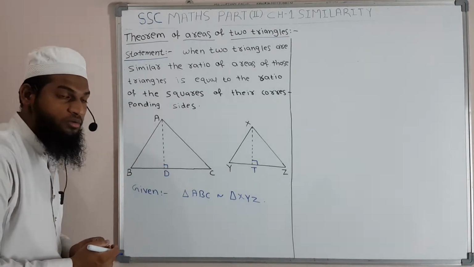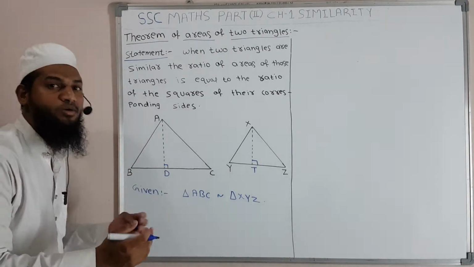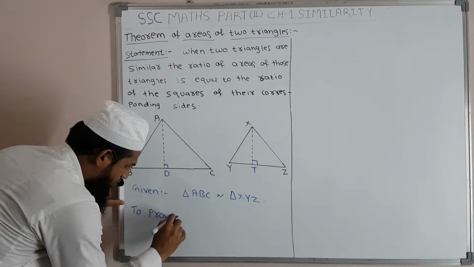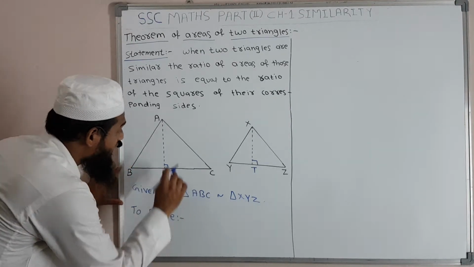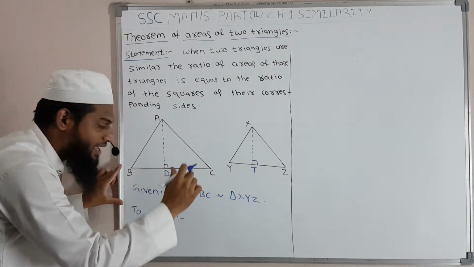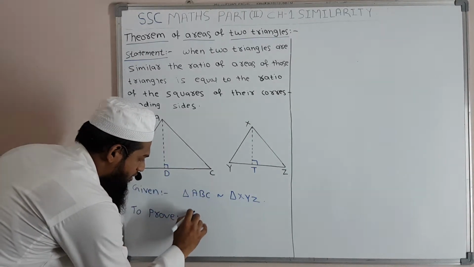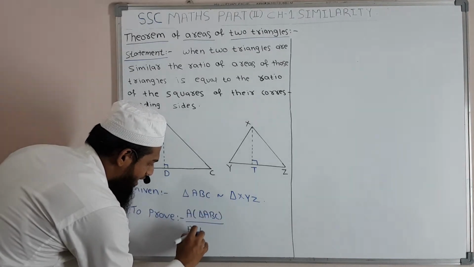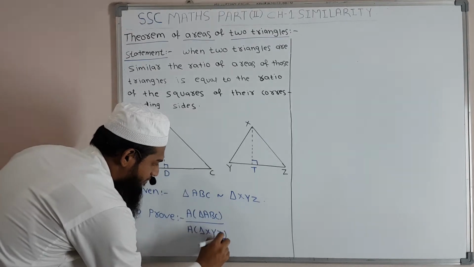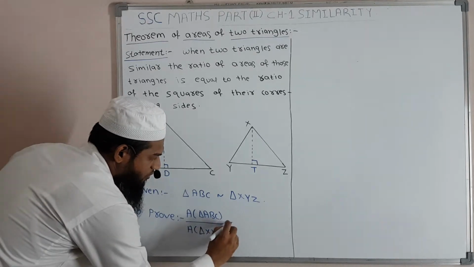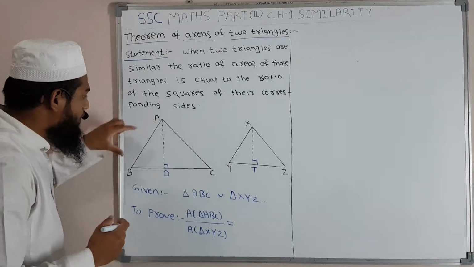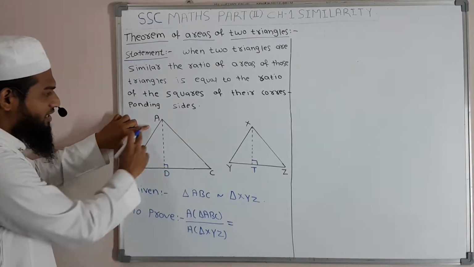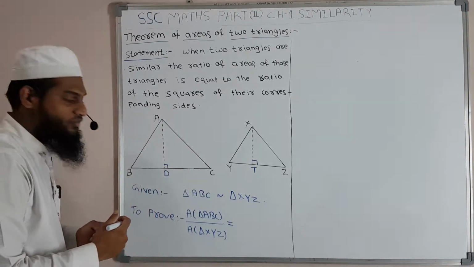And what we have to prove? The second thing we have to write is what we have to prove. So I am writing here To prove. The ratio of areas of triangle ABC and triangle XYZ is equal to the ratio of squares of their corresponding sides. So these are the corresponding sides and I am taking the square of this.